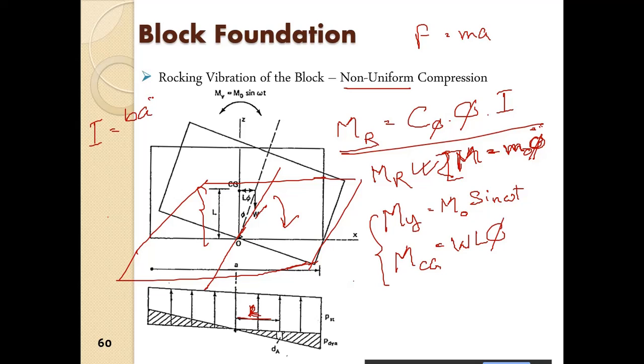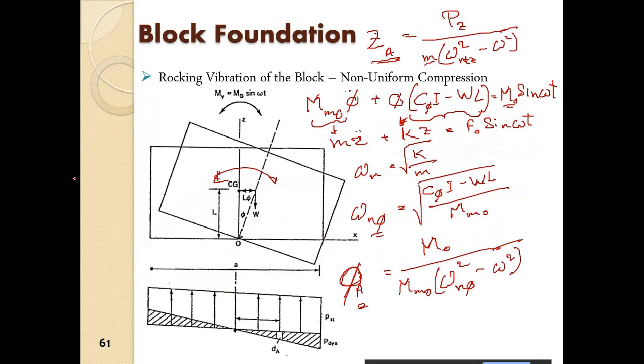Yeah, BAQ by 12. That will be the area moment of inertia about this axis. So I you can find out, and mass moment of inertia also you can find out. Not a very tough job. So ultimately we can find out the maximum angular amplitude.